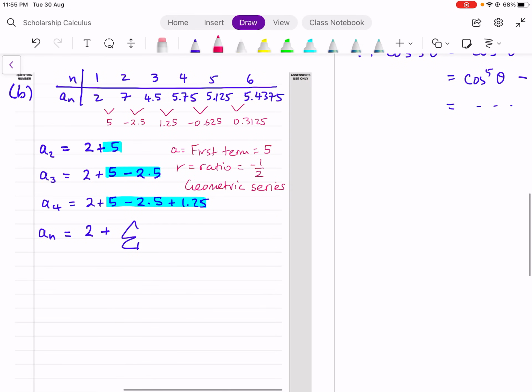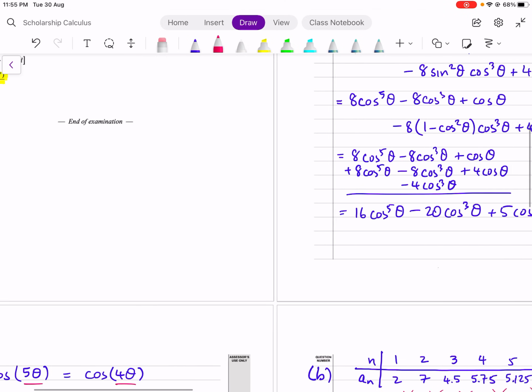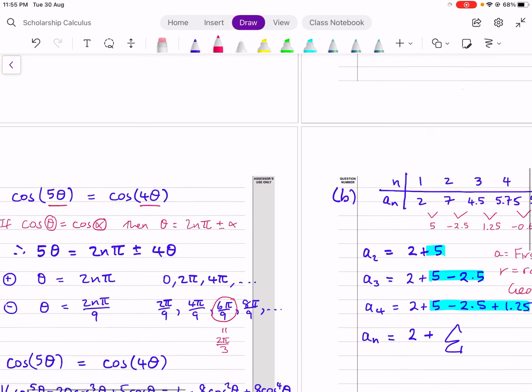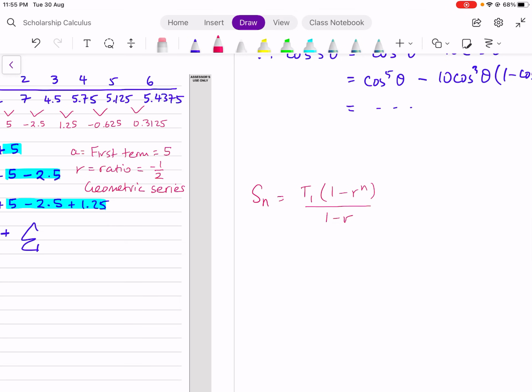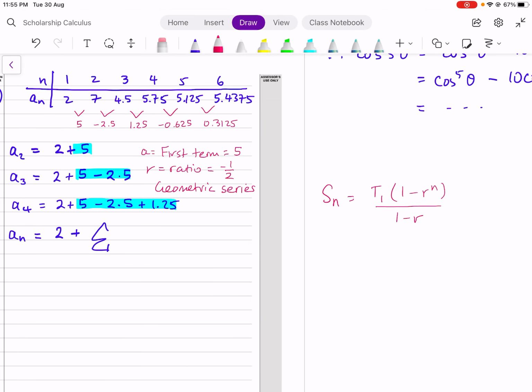apparently. Do this in the margin: Sn equals T1, what was it? I should know this off by heart, I've used it heaps, but 1 minus r to the n over 1 minus r. You can actually prove this quite easily, but I don't have the time for that. This video is already long enough. Okay, so T1 is 5.